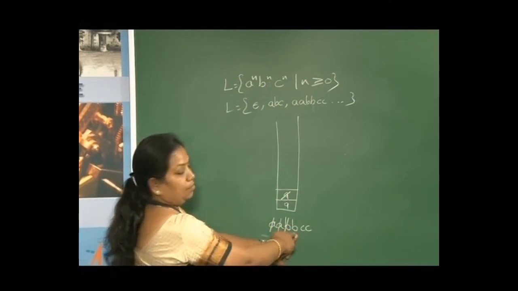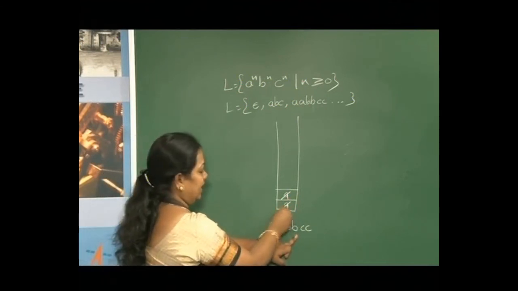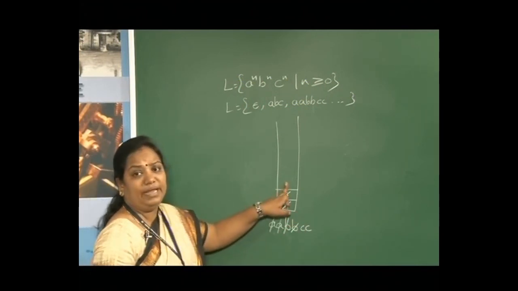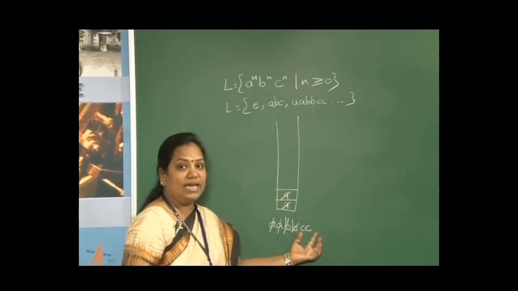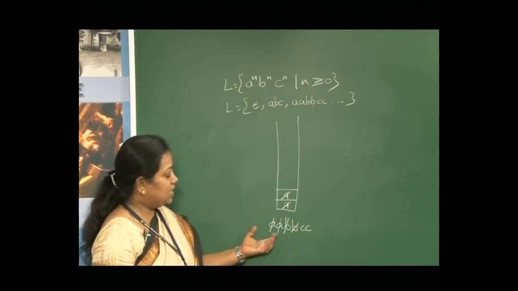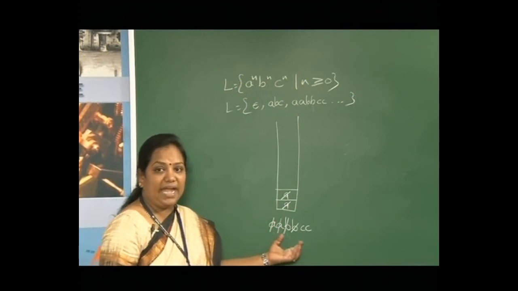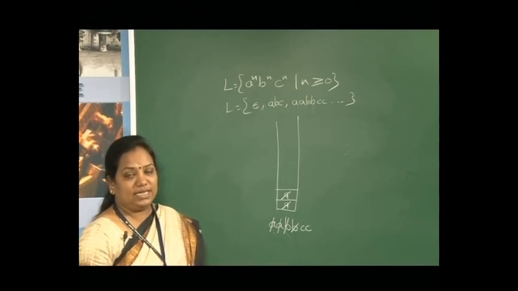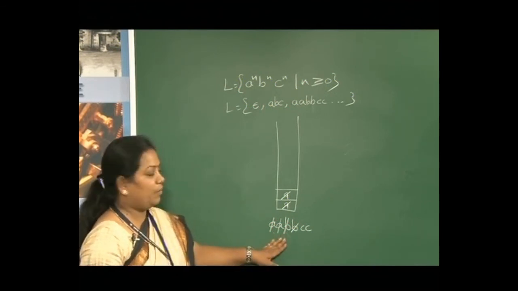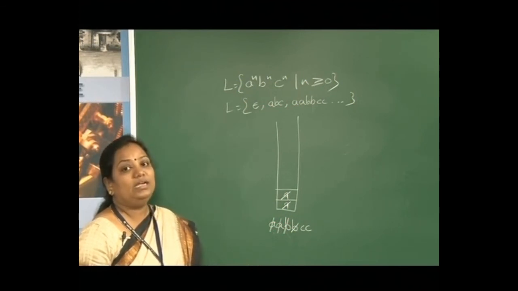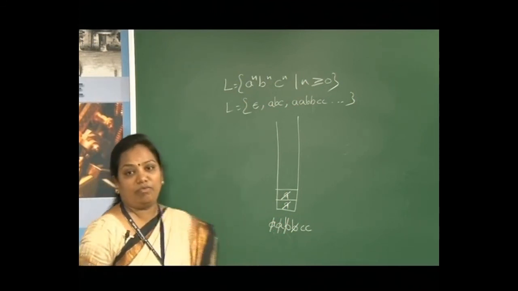Similarly, input is b, topmost element is a, pop it. Now the stack is empty and now I have n c's, that is two c's. But the count of the number of a's and b's is lost, which cannot be compared with the number of c's. Hence, for this language we can write neither a context free grammar nor a pushdown automaton.